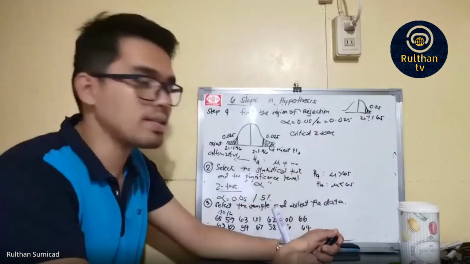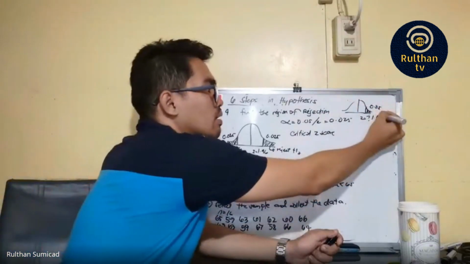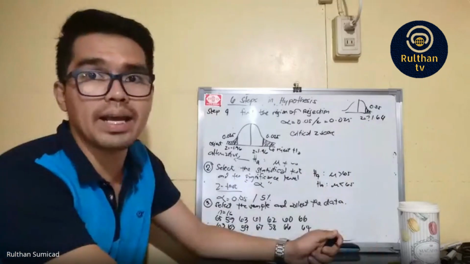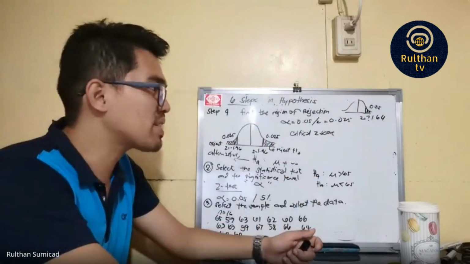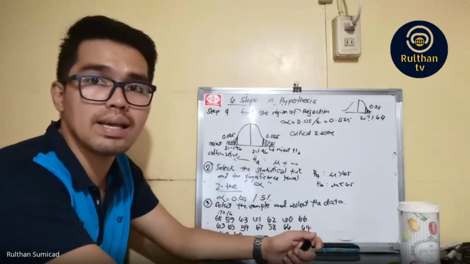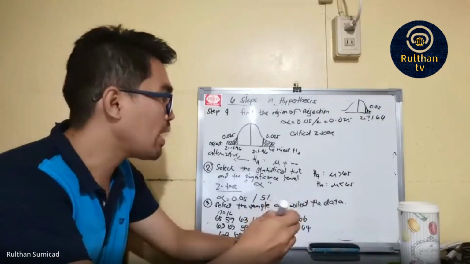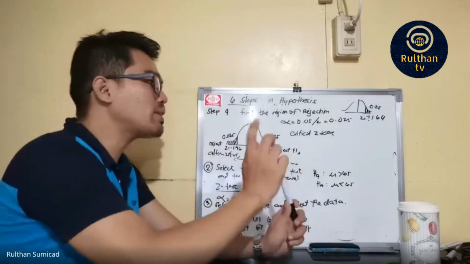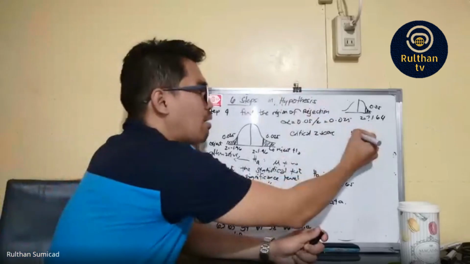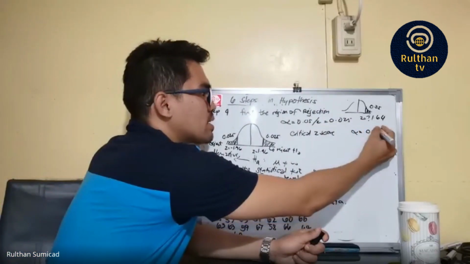It's either positive or negative. If it's less than, that means it's a negative 1.64. If it's greater than, then that is 1.64 positive. Okay? So that is in the event of one tail.